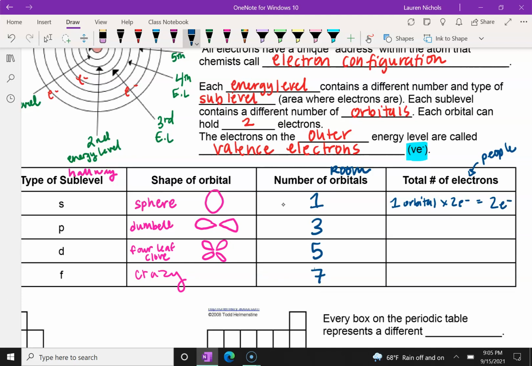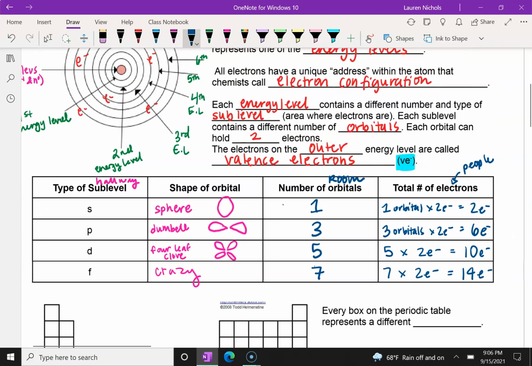But in the P sublevel, the total number of electrons would be my 3 orbitals times 2 electrons, which means I can have a total of 6 electrons. For the D sublevel, it would be 5 orbitals times 2 electrons, gives us a total of 10 electrons. And the F sublevel would be 7 times 2 electrons, which gives us 14 electrons.